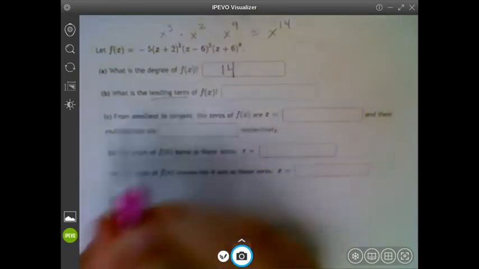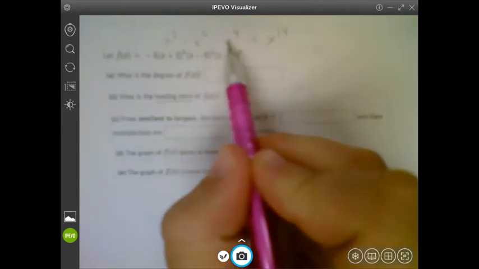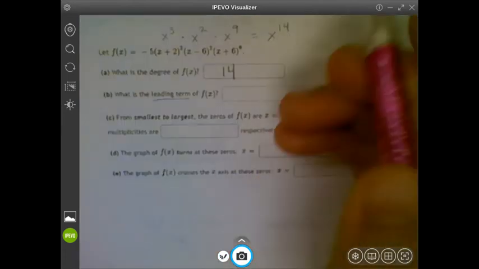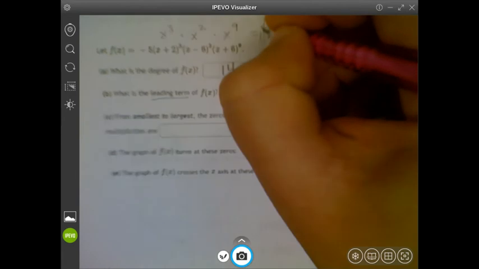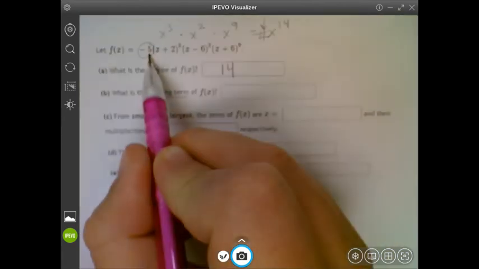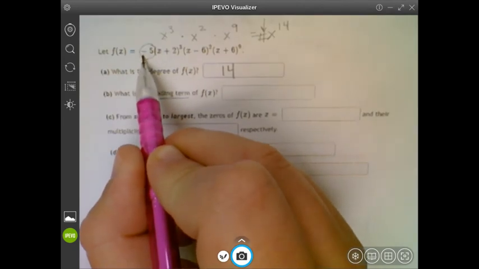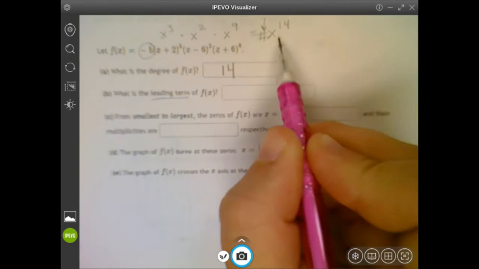The leading term is going to be the coefficient in the front. When you multiply all these out, you will get the x to the 14th. And so now we're asking what is the number that comes directly in front of that? And that's going to be from this value right here sitting in the front. There's a negative 5 in the front. And so what's going to happen there is it's going to be negative 5 times x to the 14th.